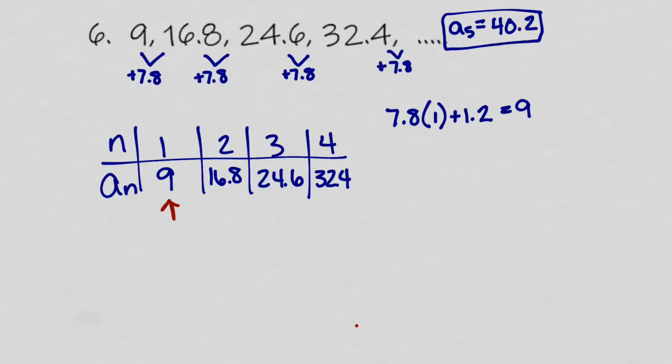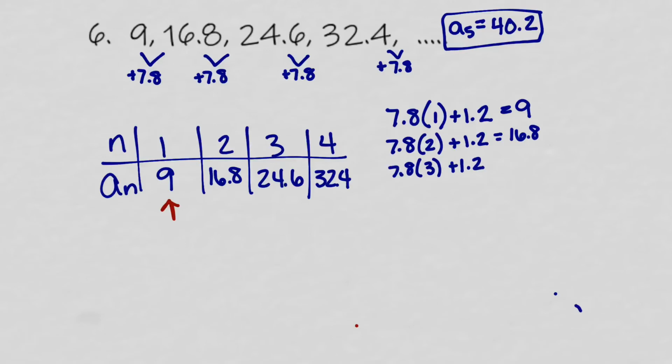So let's try the next one. 7.8 times 2 gets me the second term. Well, 7.8 times 2 is 15.6, but if I add another 1.2 to it, I get 16.8. And that one does go ahead and work if you keep going.